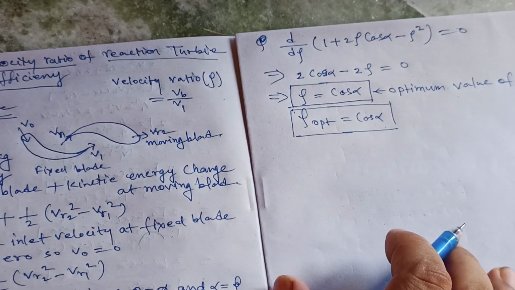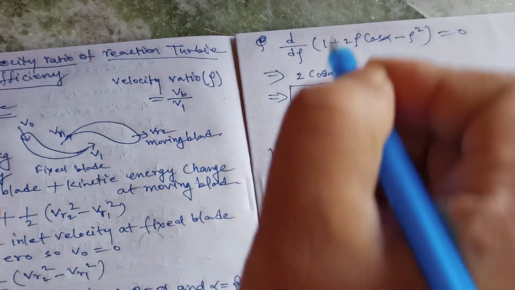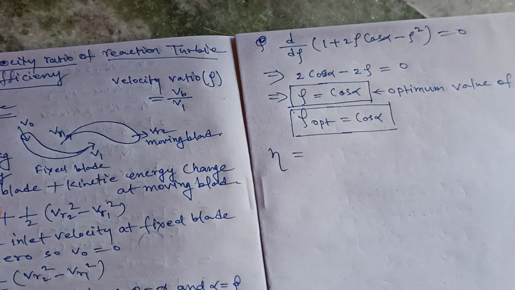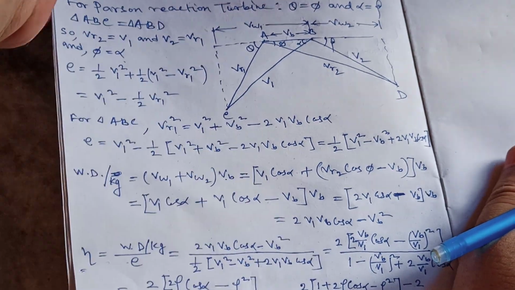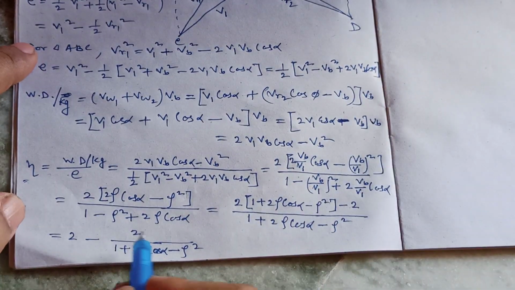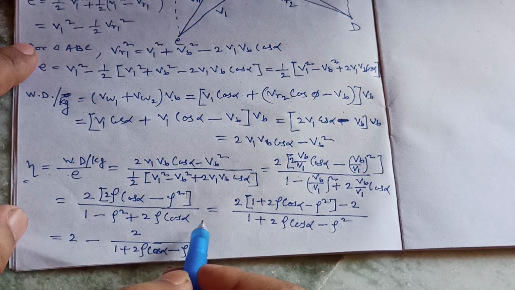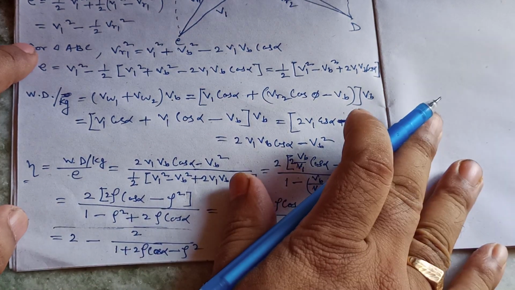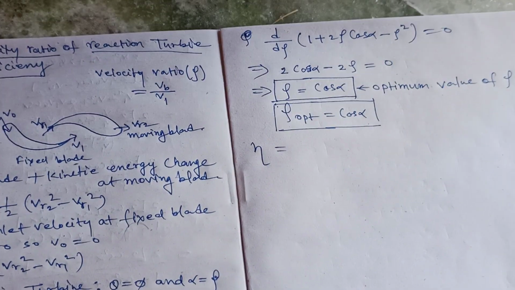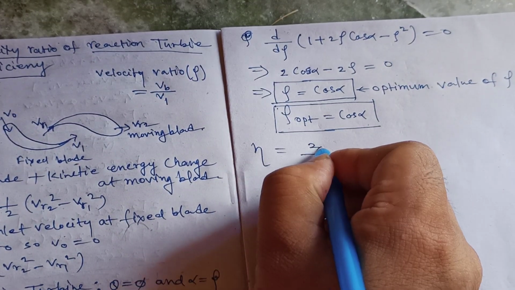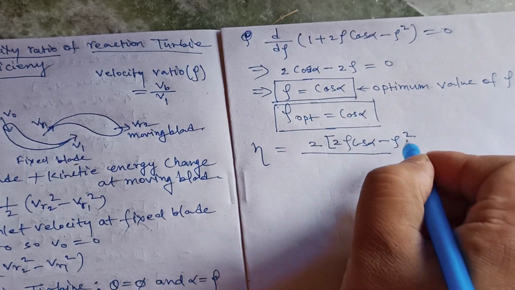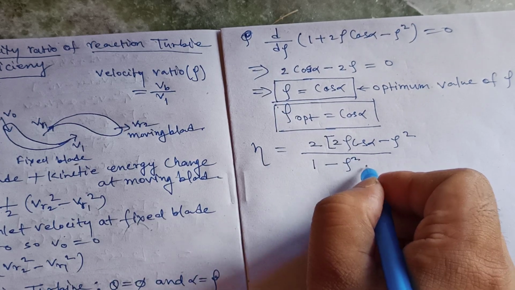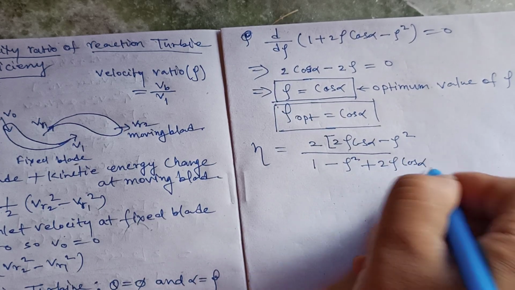Now find the maximum efficiency. Efficiency will be maximum. First of all, the efficiency value we got is (2 rho cos alpha minus rho square) over (1 minus rho square plus 2 rho cos alpha).